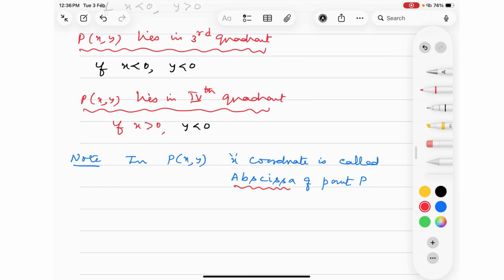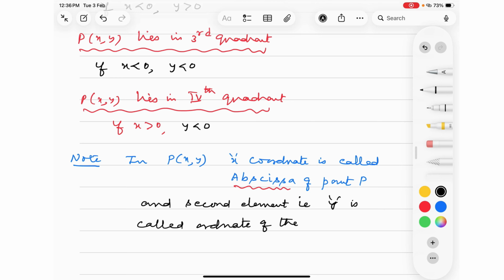Tomorrow if they ask what is abscissa, it means the x coordinate of point P. And the second element, that is y, is called the ordinate of the point P. X is called abscissa and y is called ordinate of point P. Okay.